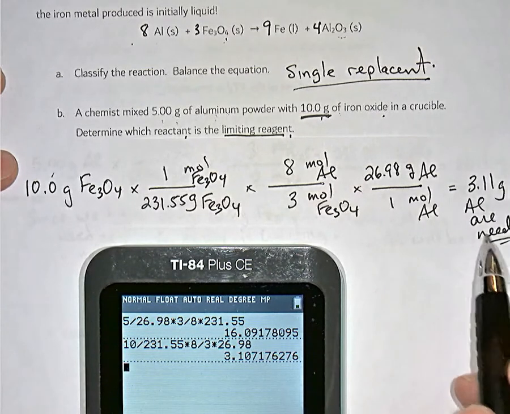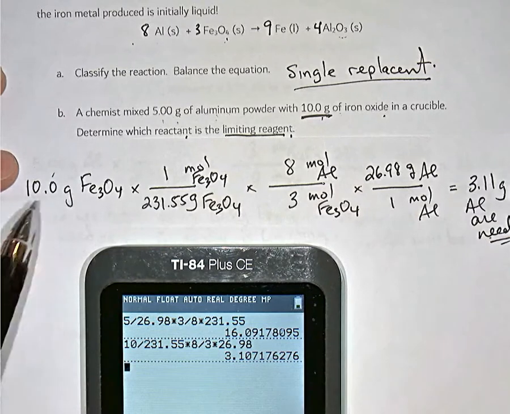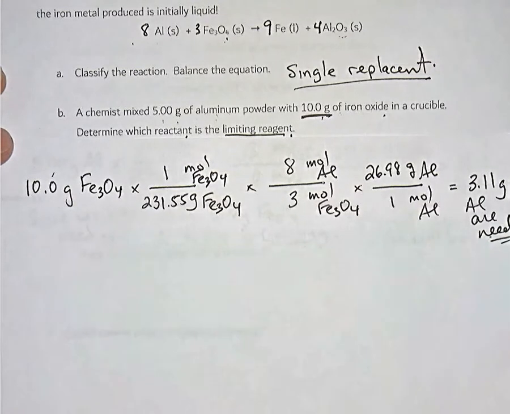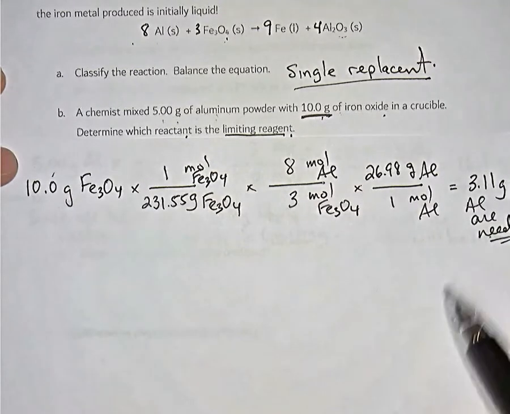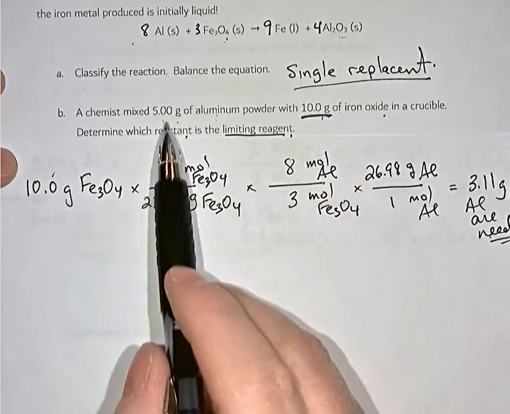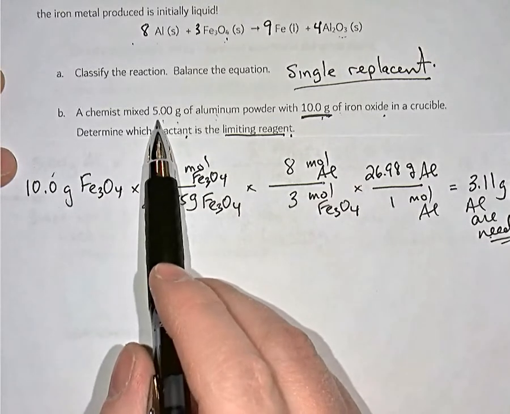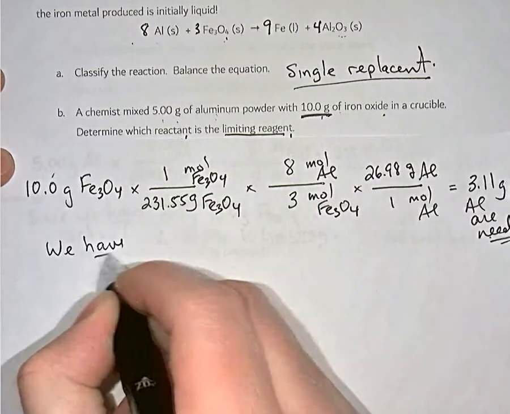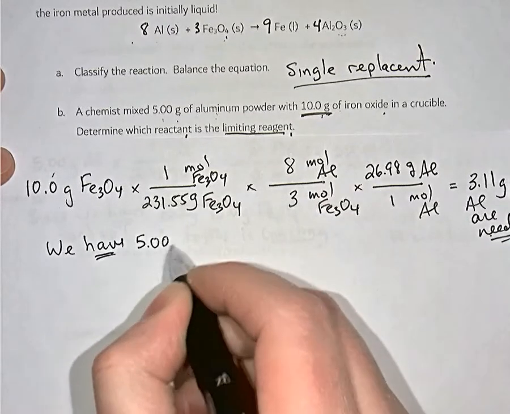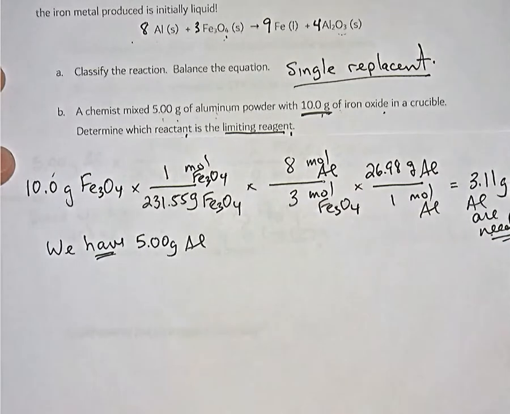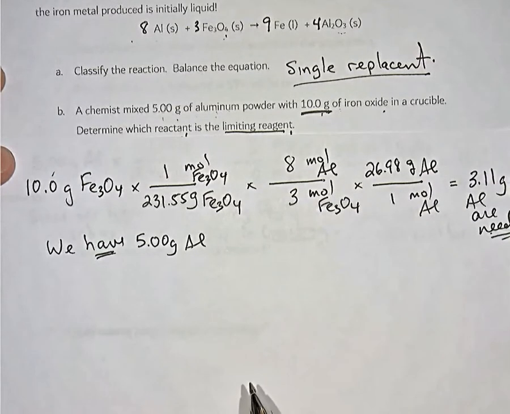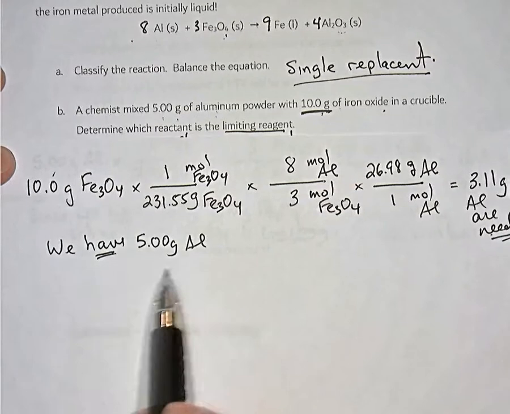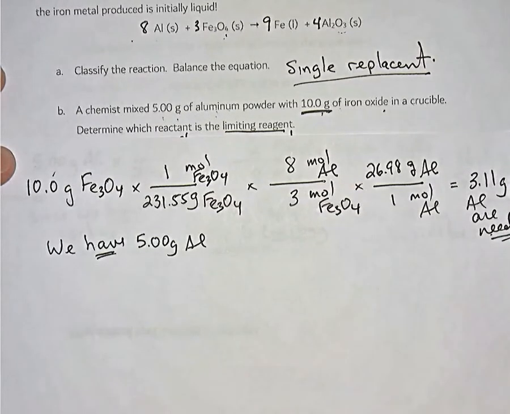This is how much aluminum you would need if you're going to use up all of the iron oxide. Do we have this much aluminum? So we look back at the question and say, well, we actually had 5 grams of aluminum. So we have 5 grams of aluminum. But we needed only 3.11, which means we have more aluminum than we needed.